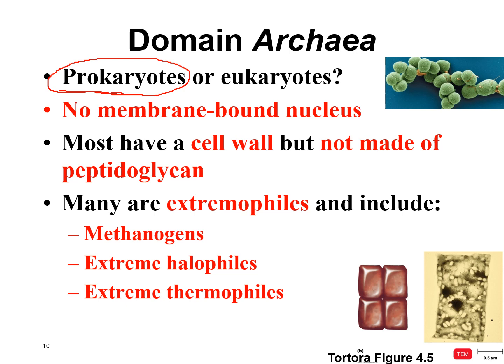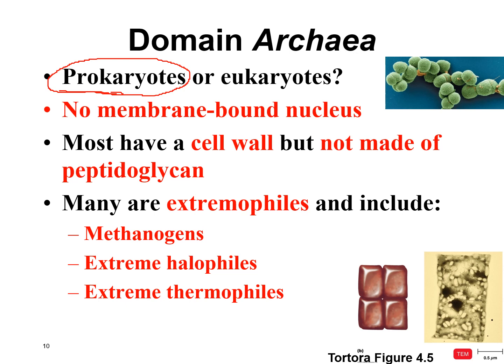They're similar in size. If you look under a microscope, they look very similar, but they are not similar as far as their DNA. So that's why we put them into a separate domain. They do have a cell wall, most of them, but it's not made out of peptidoglycan. It's just made out of some different proteins and carbohydrates.